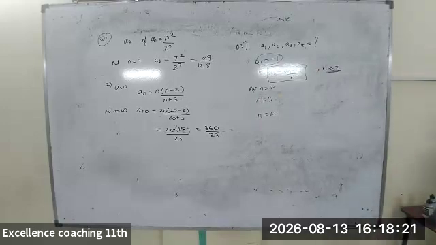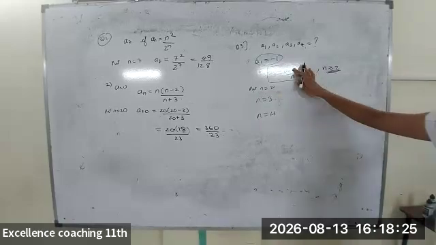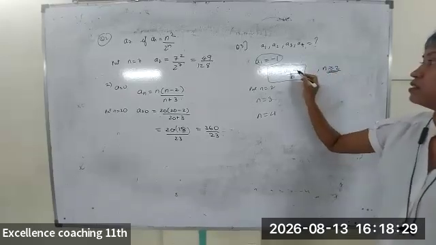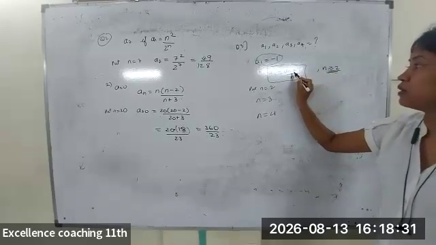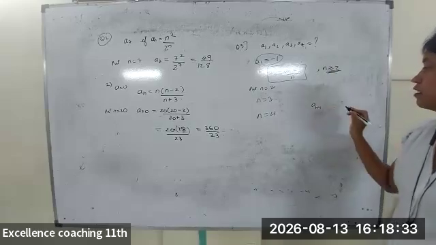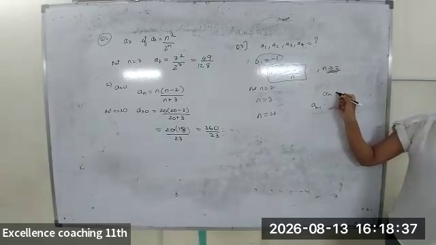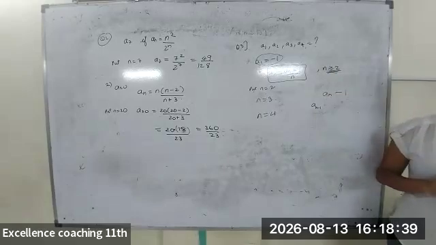Now it is not directly a of n minus 1. This is an. This minus 1 is separate. Again minus 1. This is different. It is not like this. It is like this.